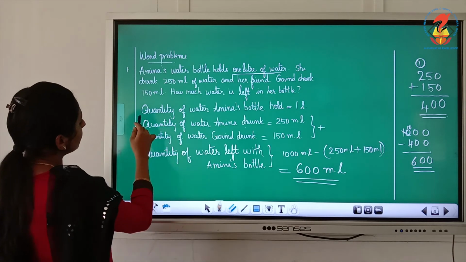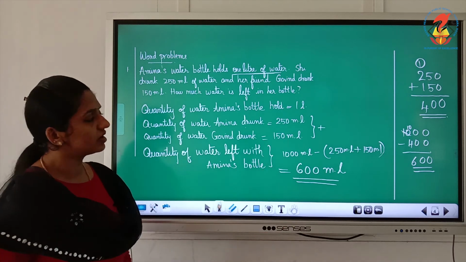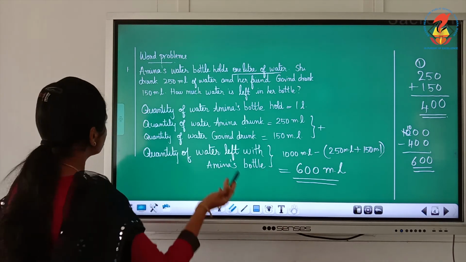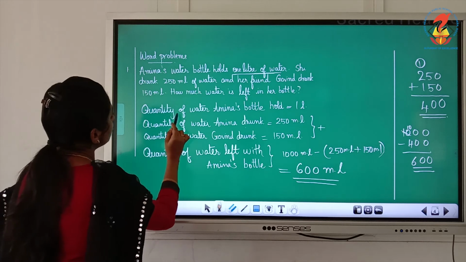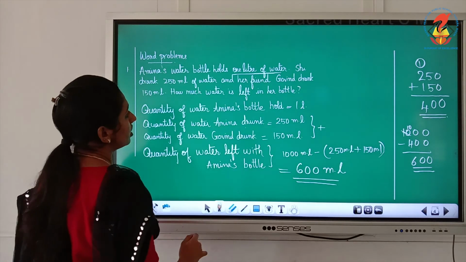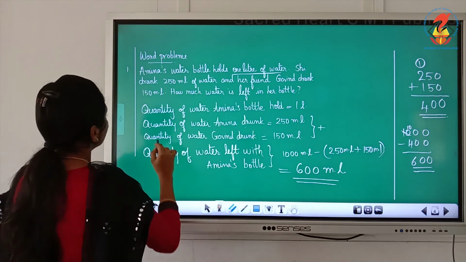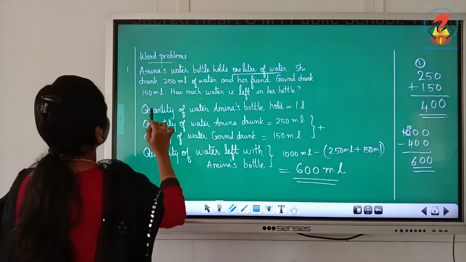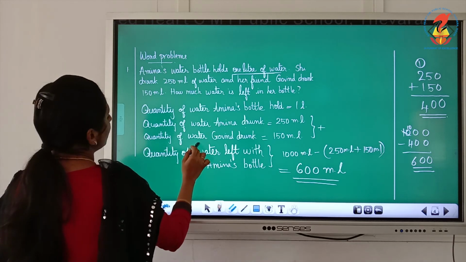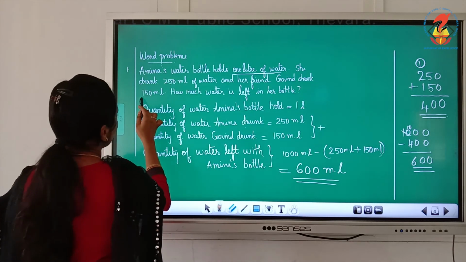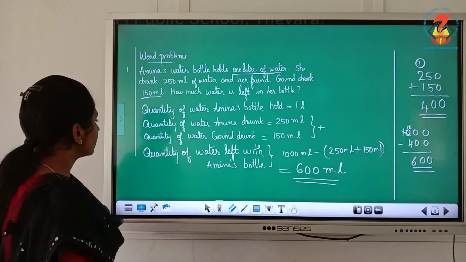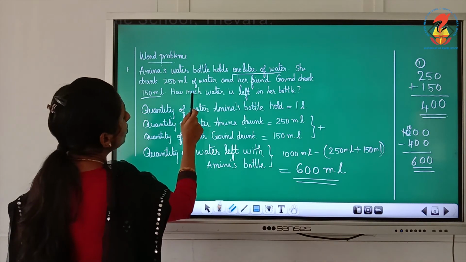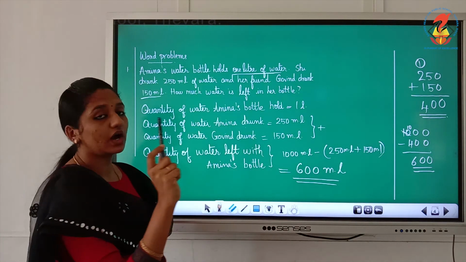So, we can write the capacity of water Amina's bottle holds, that is also correct. Here I wrote the quantity of water Amina's bottle holds, that means 1 liter. Quantity of water Amina drank, that is 250. Then quantity of water Govind drank, that is 150 milliliter. The question is how much water is left in her bottle.